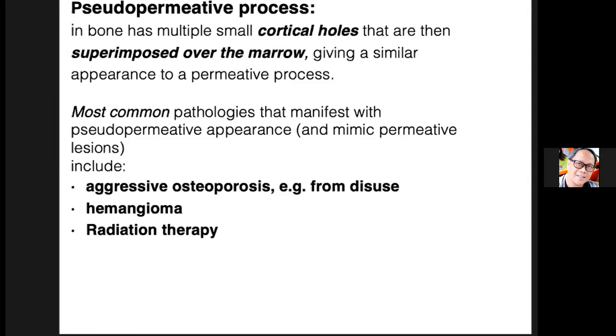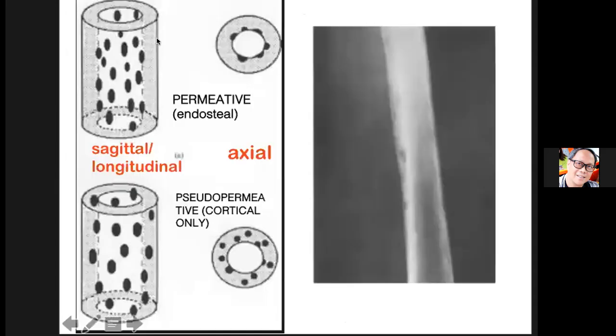Osteoclast is destruction, osteoblast is bone building. When the osteoclast is working, you mainly see lytic lesions. When the osteoblast is working, you see more of the blastic or sclerotic lesions, meaning very opaque changes in the bone involved. Okay, so again, like I said, pseudopermeative involves only cortical lesions, but the medullary region may be normal.